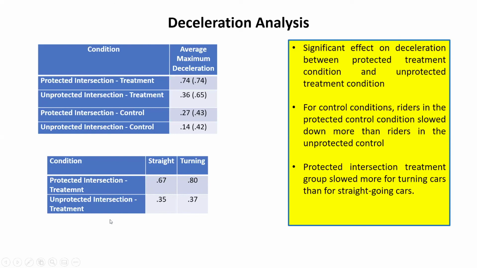Similarly, riders in the unprotected intersection did not demonstrate a differential response to turning cars. So in this second table, we see when the participant experienced both straight and turning cars, he definitely had a greater reduction in speed overall compared to the unprotected participant.